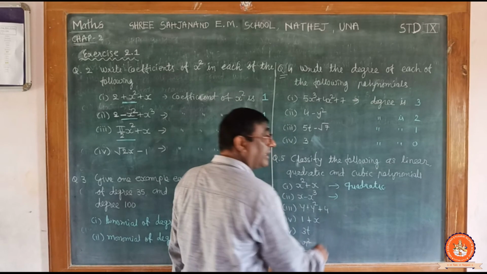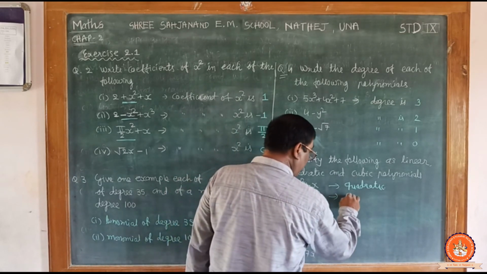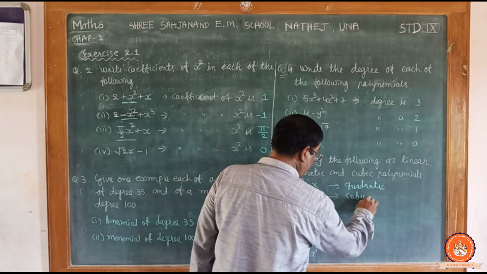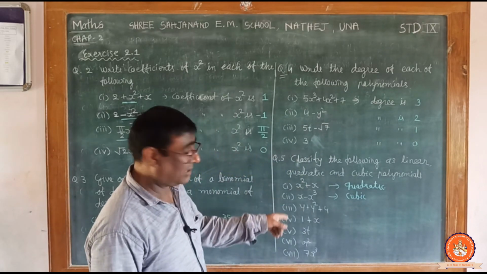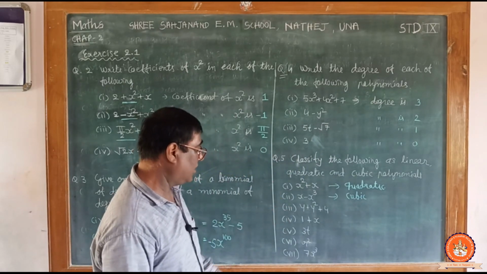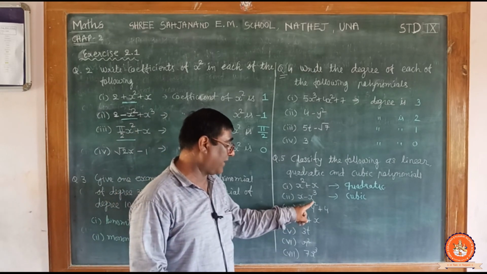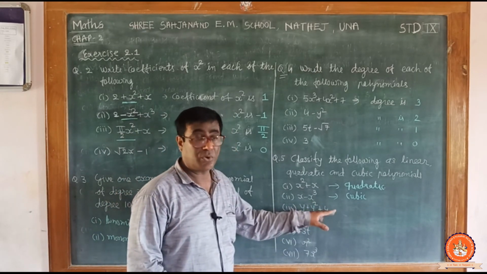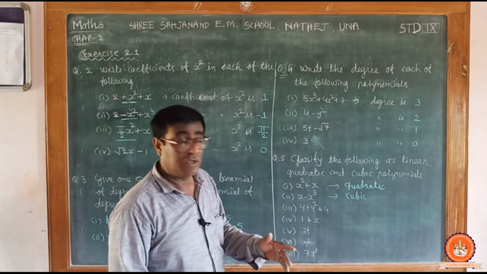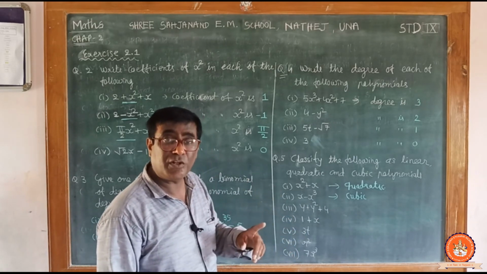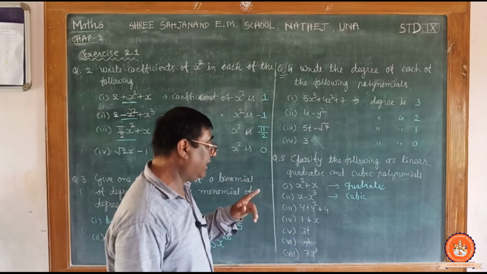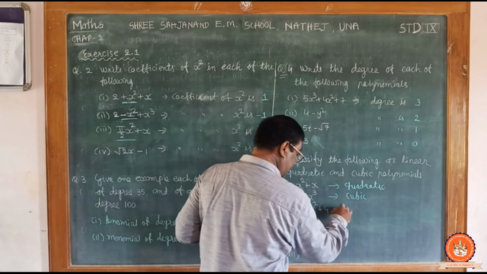So a degree 3 polynomial is a cubic polynomial. Third one, y plus y square plus 4. See, here y raised to 1, here y raised to 2, here y raised to 0. The highest exponent of the variable y is 2. And this one is a degree 2 polynomial, and a degree 2 polynomial is quadratic.